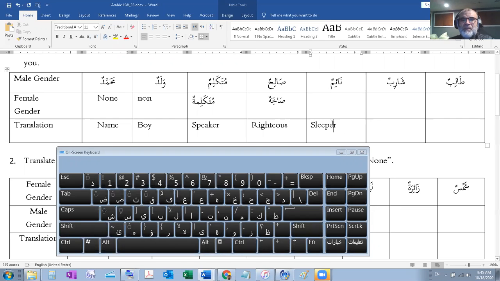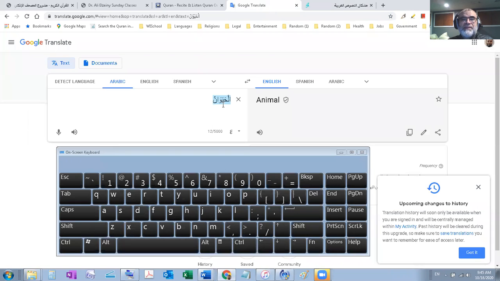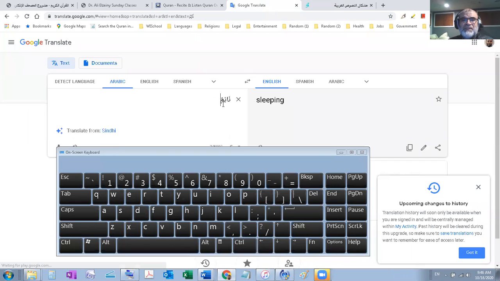You want to ask me where did I get the translation from? I take Naim, copy, go to Google Translate, Naim, sleeping. It is a sleeper. To be accurate, it is sleeper, not sleeping.